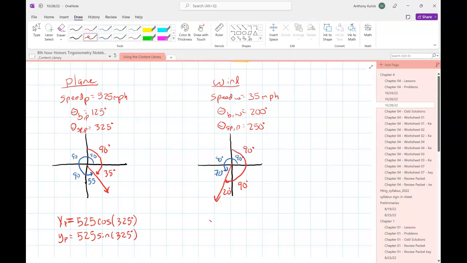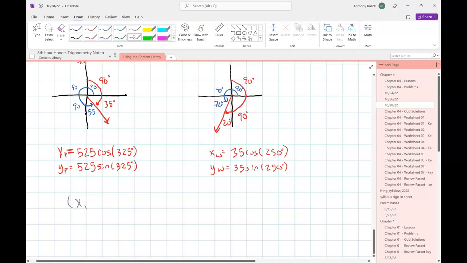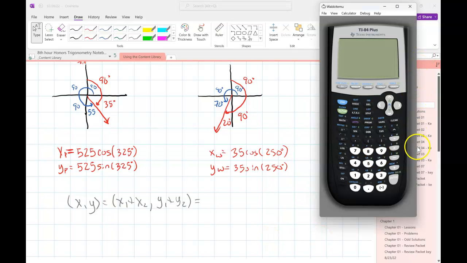Keep the subscripts constant. So how am I going to do XW and YW? 35 cosine 250, and then 35 sine 250. So my xy is just going to be x1 plus x2, y1 plus y2. So bust out my calculator and do that.